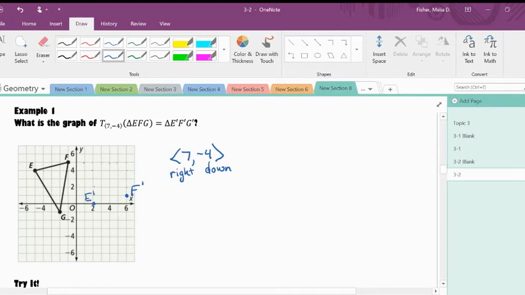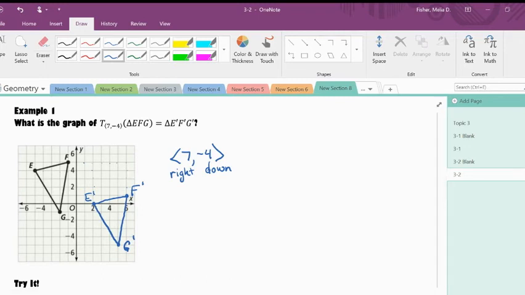And that's where E prime is. G will move right 7 and down 4. And our new shape, our new location for the shape, is right here. Go ahead, pause the video, do the try it, and come back to check your answers when you're done.